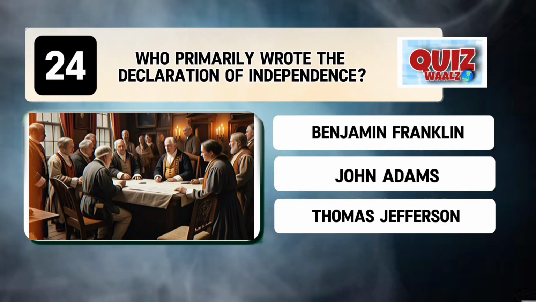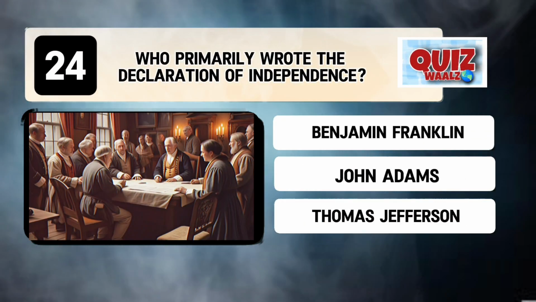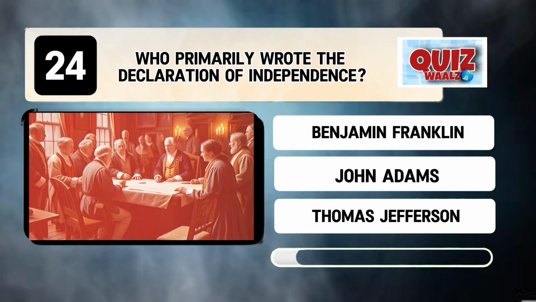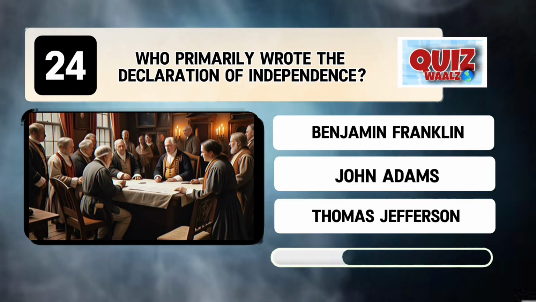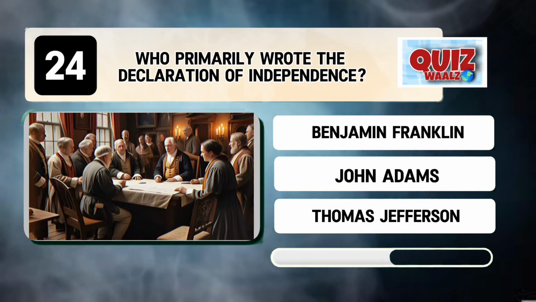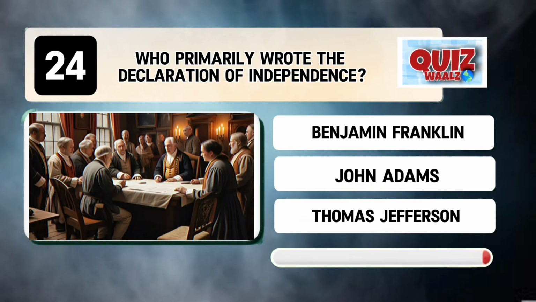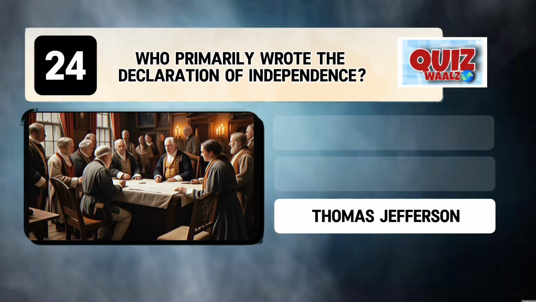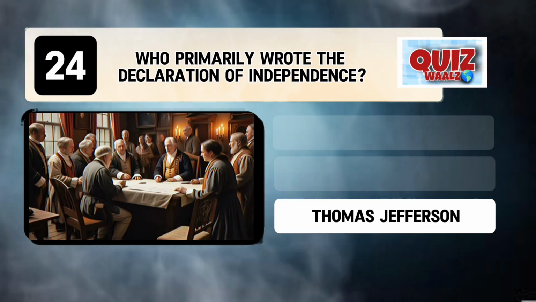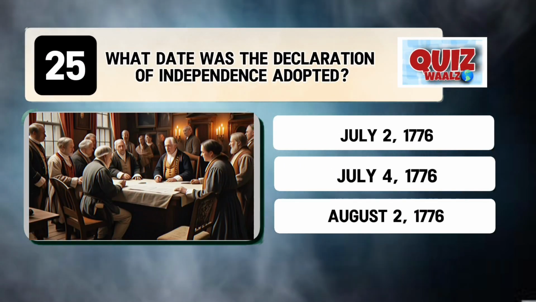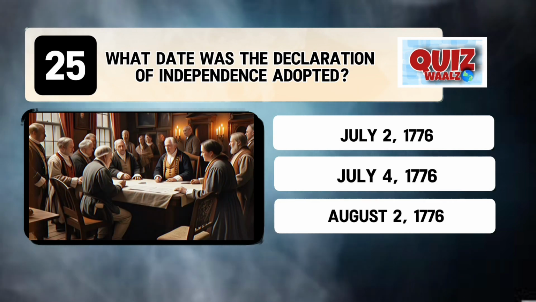Question 24. Who primarily wrote the Declaration of Independence? A. Benjamin Franklin, B. John Adams, C. Thomas Jefferson. The answer is C. Thomas Jefferson. Question 25. What date was the Declaration of Independence adopted?